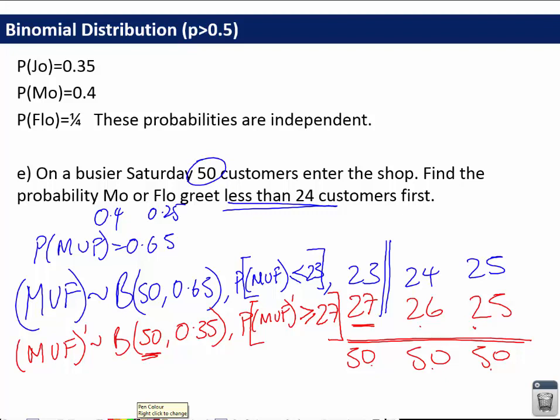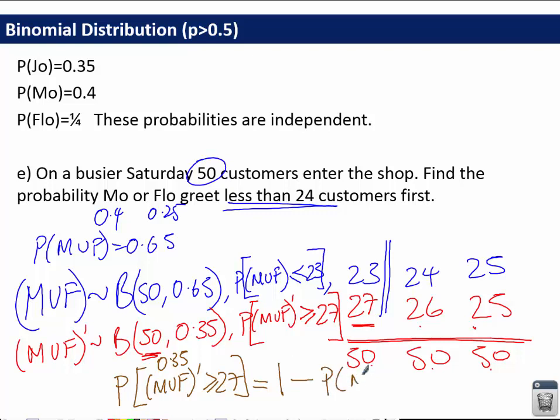So, if we want to find the probability that Mo or Flo not occurring, which we know is 0.35, occurs greater than or equal to 27 times, that is the same as 1 minus the probability Mo or Flo not occurring less than or equal to 26 trials.